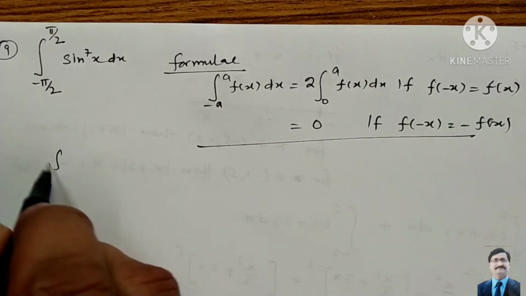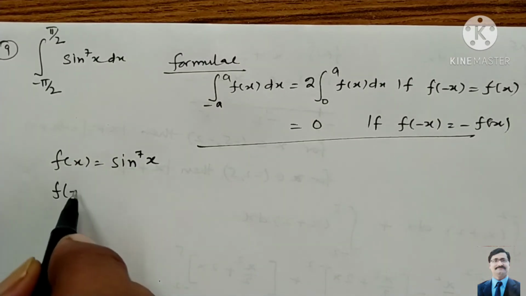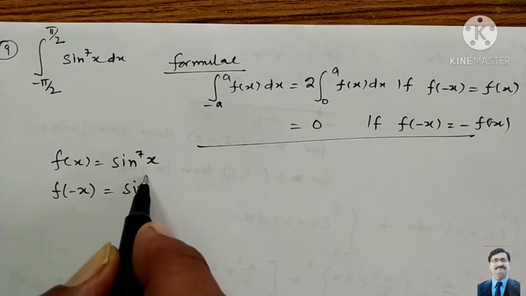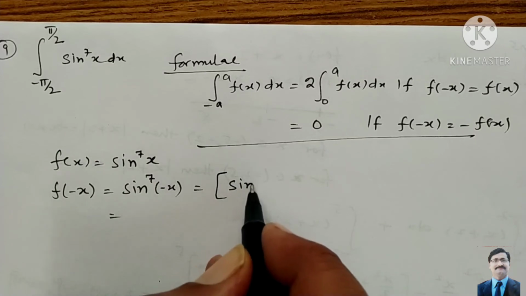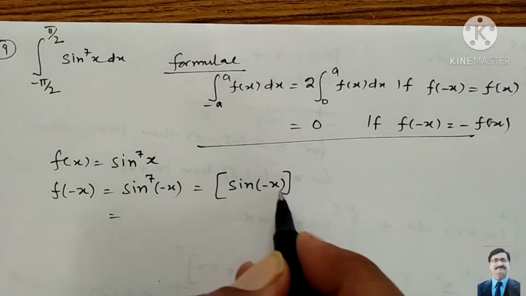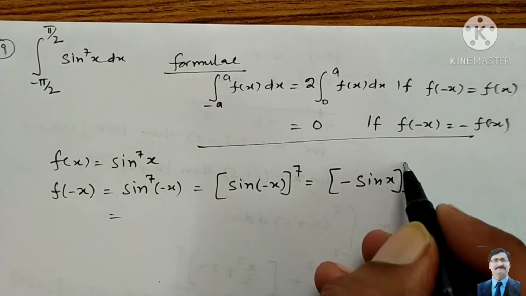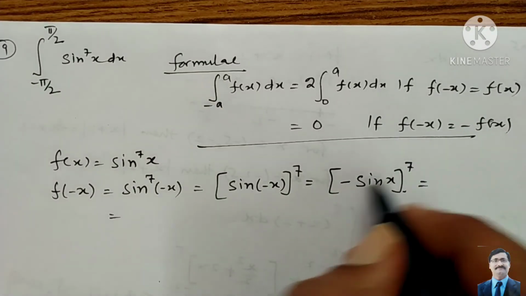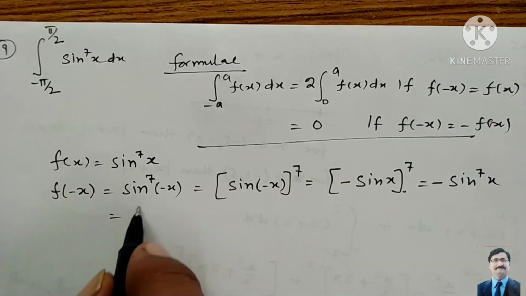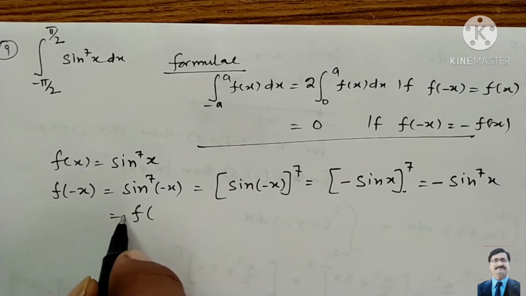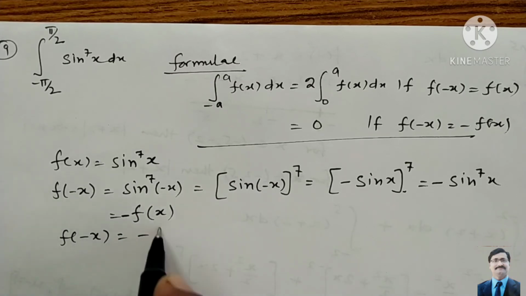So look here, f(x) is equal to sin⁷x, and if you put −x in place of x, then we get sin(−x) to the power 7. Actually, sin(−x) we can write as −sin x, and this power is 7, so we can write −sin⁷x, and this is equal to −f(x). So we get f(−x) equal to −f(x).